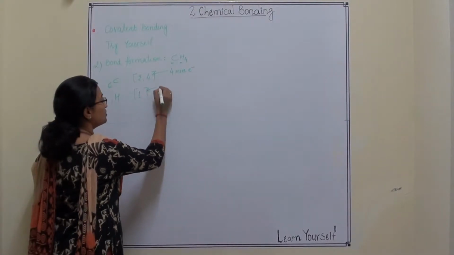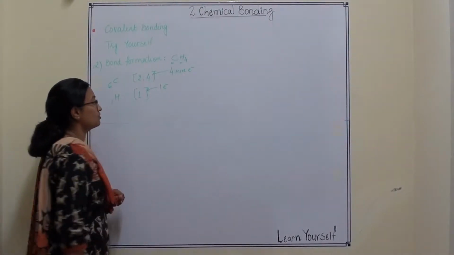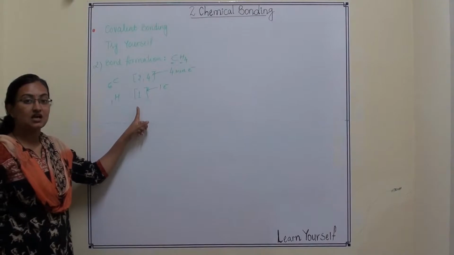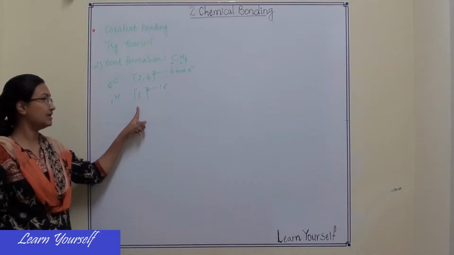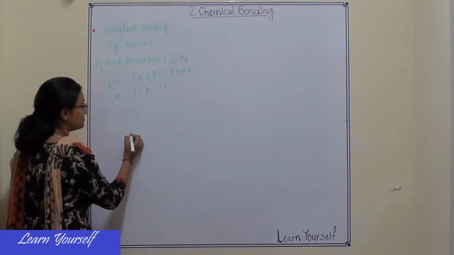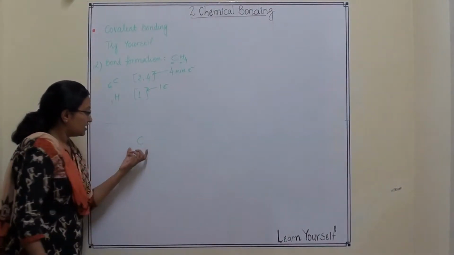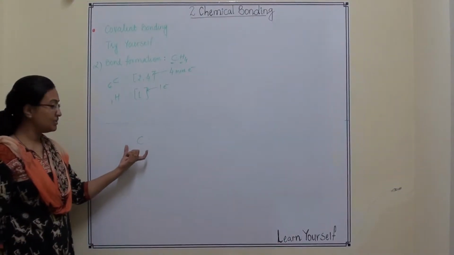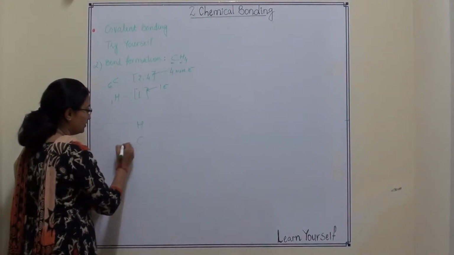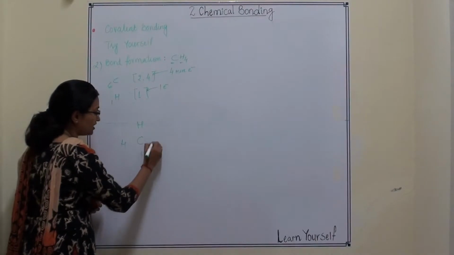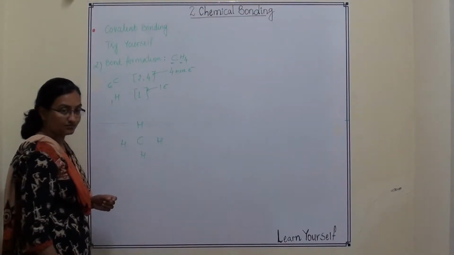Here hydrogen wants only 1 electron to complete its outermost shell and it will follow the duplet rule just like helium. So carbon will be in the middle and the 4 hydrogen atoms will be surrounding the carbon atom.